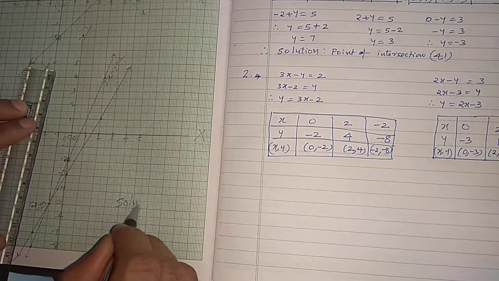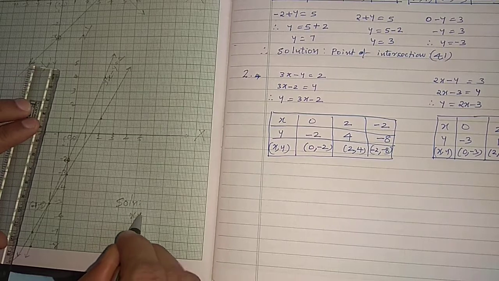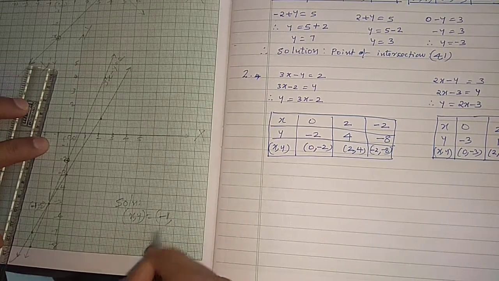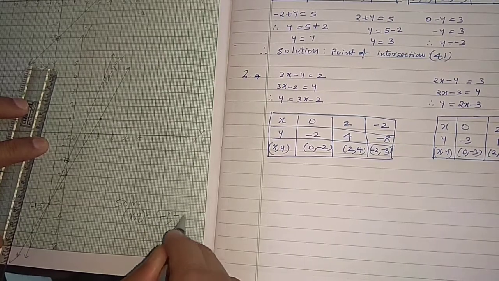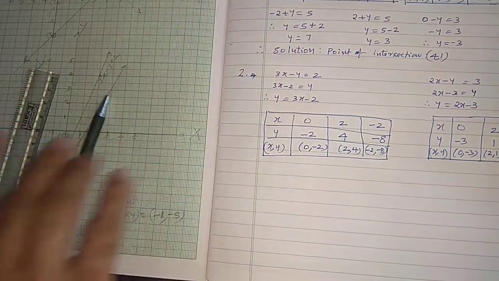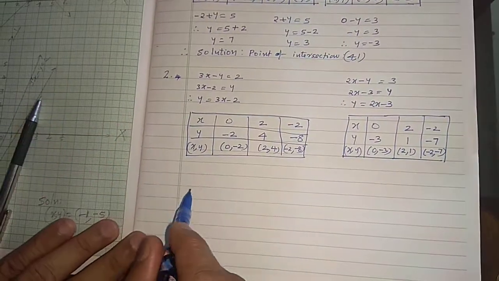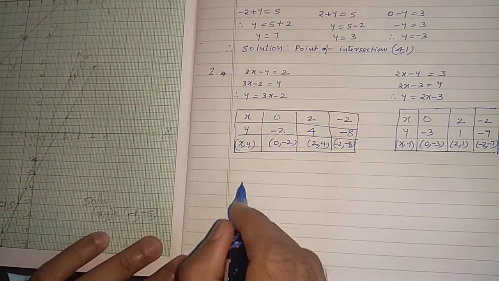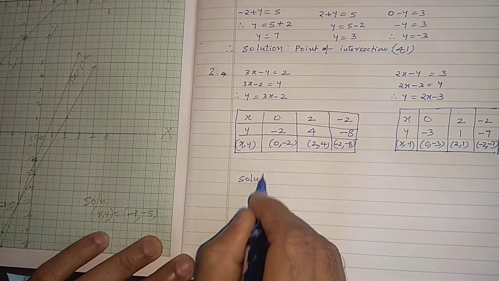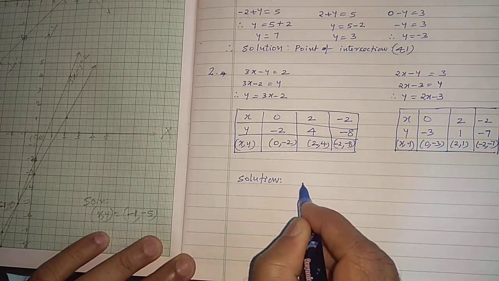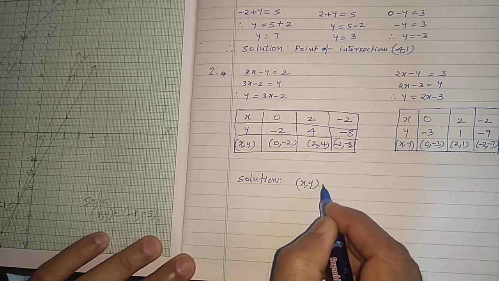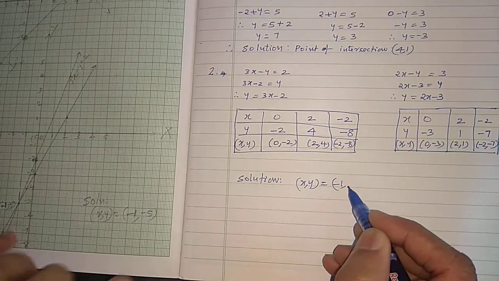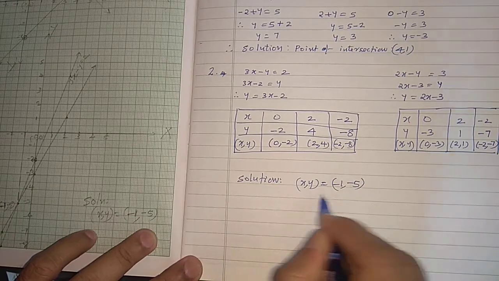So solution x comma y: x is minus 1, y is minus 5. So here we write the solution. Solution: x comma y, x is minus 1, comma y is minus 5.